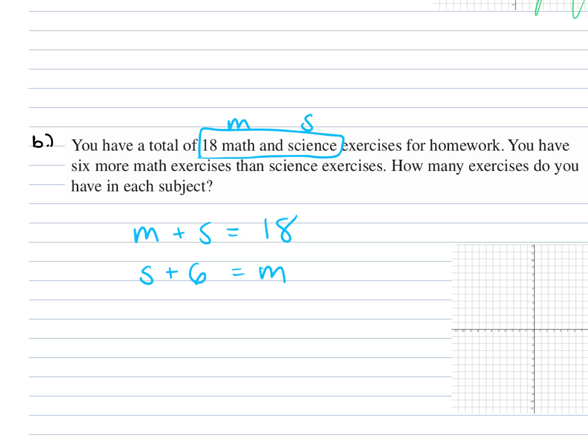Now instead of M and S, I can change it to be X and Y. I'm going to make my M, X, and S, Y. It doesn't matter which one you make which, because at the end we just have to make a note that we made M, X, and S, Y. So my first equation is X plus Y is equal to 18.